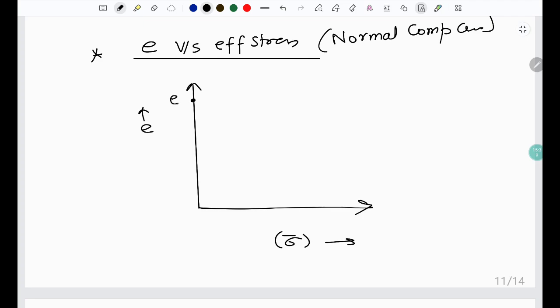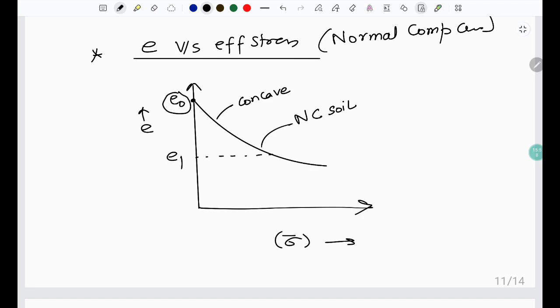Let us say E naught is the initial void ratio. It goes something like this, gives us a concave shape, and this shape is for a normally consolidated soil, NC soil. It goes from an initial higher void ratio to a smaller one because of the decrease in volume or expulsion of the pore water.